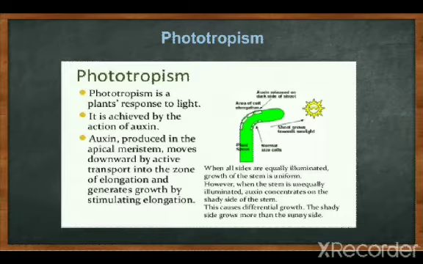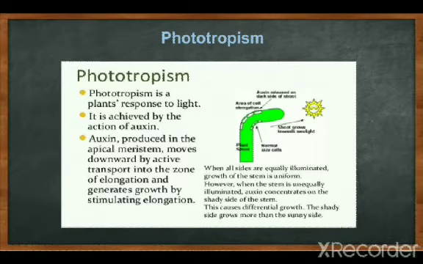The experiment is very simple. The aim, if you want to write it, is to study the response of a plant to light, that is phototropism. The requirement is two potted plants. The procedure or method is very simple.